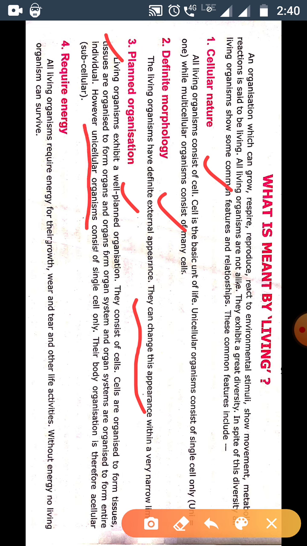However, unicellular organisms consist of a single cell only, like amoeba, paramecium, euglena. But they maintain all the biological reactions within one cell. In multicellular animals or plants that have a number of cells, million cells, here also all the cells have complete life reactions in each cell of the body.